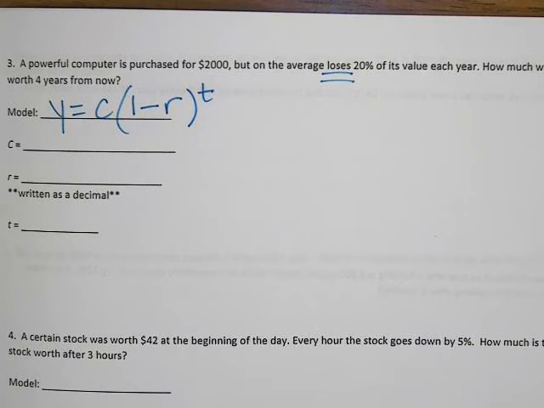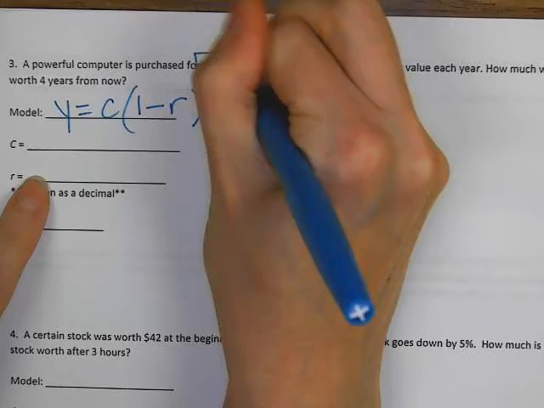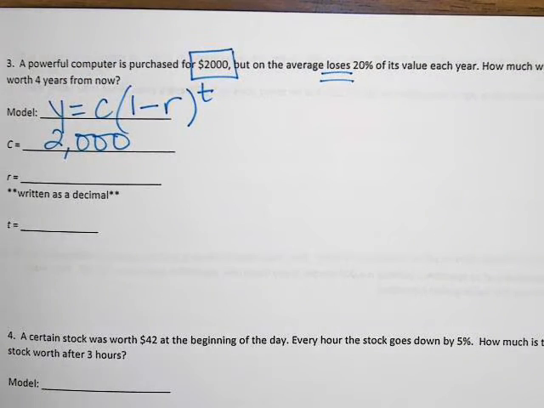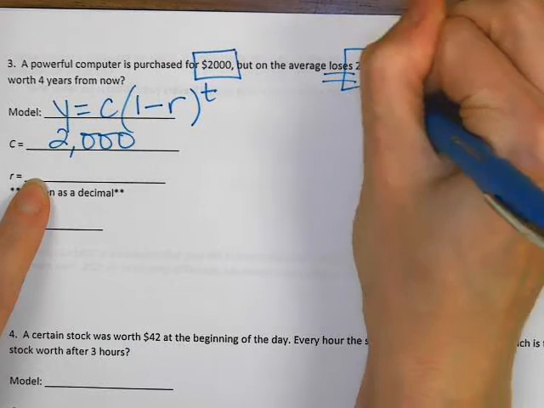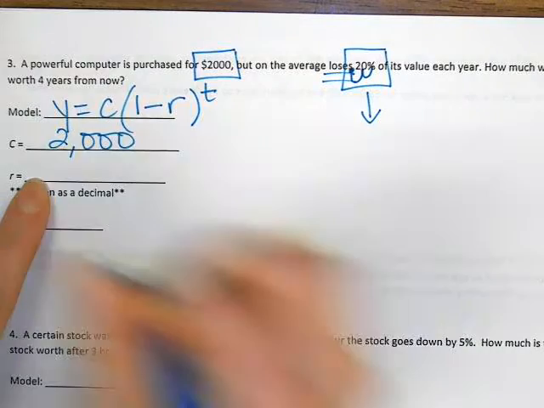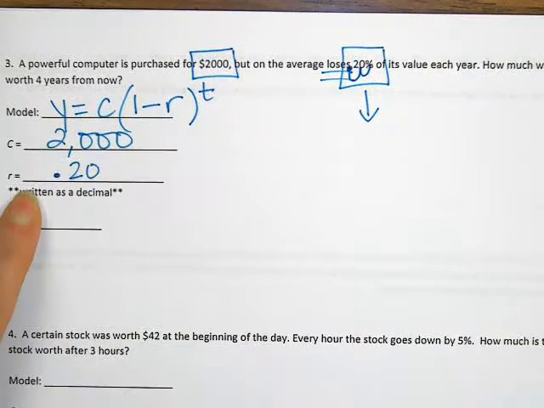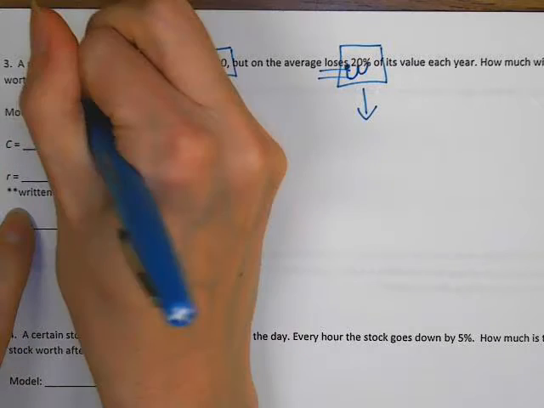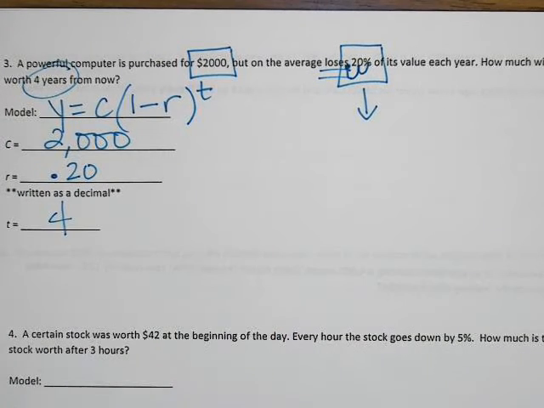C is the starting value. What's the starting value? $2,000, right? So C is 2,000. R is the percent, and 20% as a decimal, 2 spots, is going to be 0.20. And the time, it says 4 years. So T is 4.